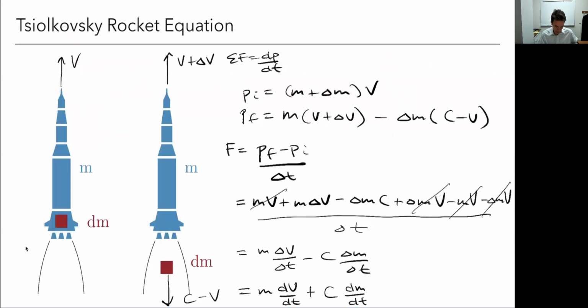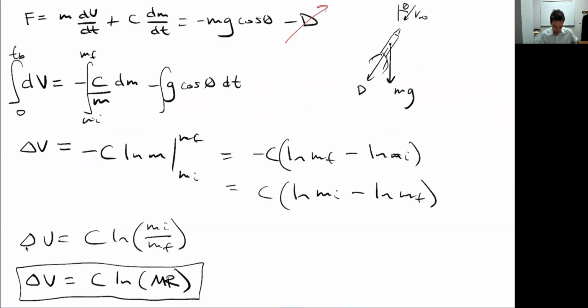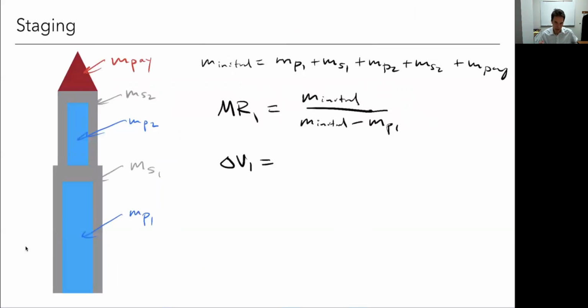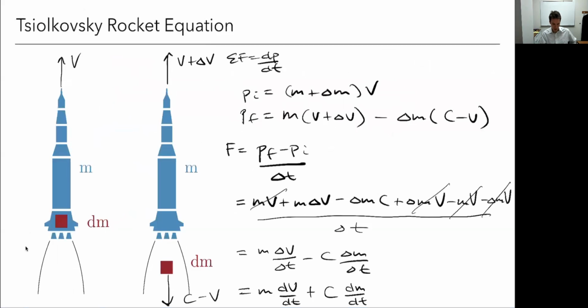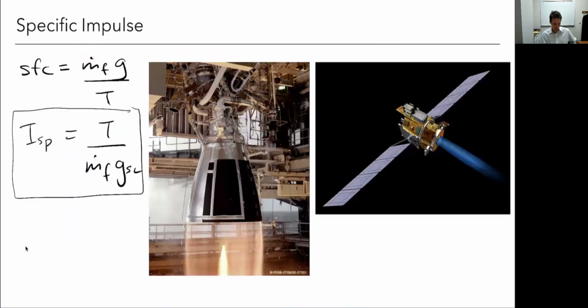C, which I didn't really derive. Let's just say it's C. Incidentally, C is the same as g times the specific impulse that we talked about. If you go back to the definition, let's go back real quick. Here's the definition of specific impulse. If I put g, move it over, I get thrust over m dot f.